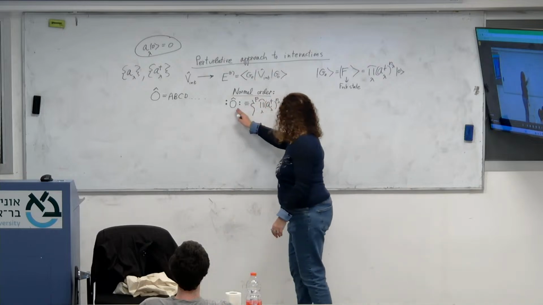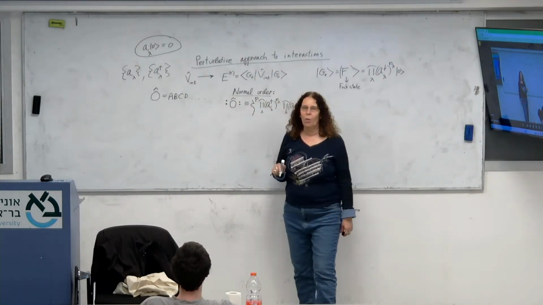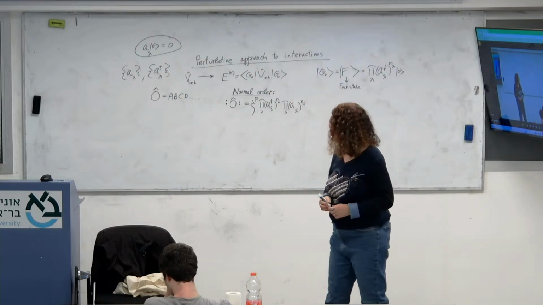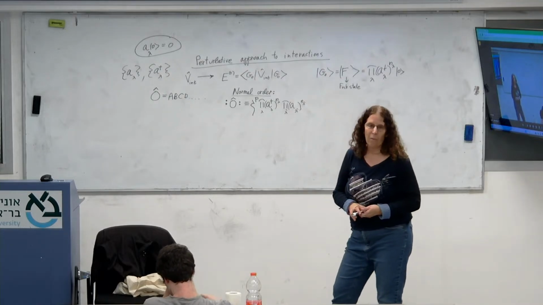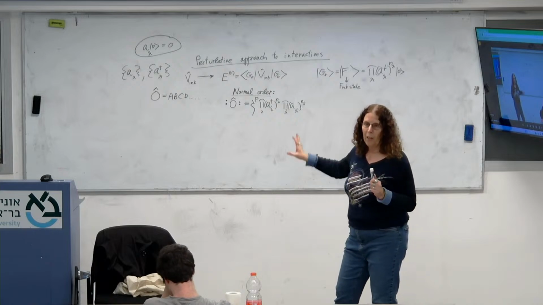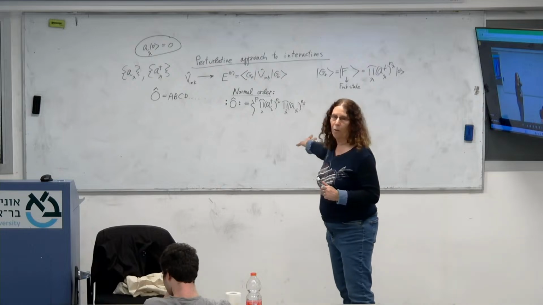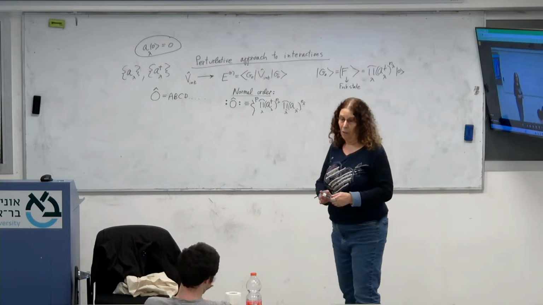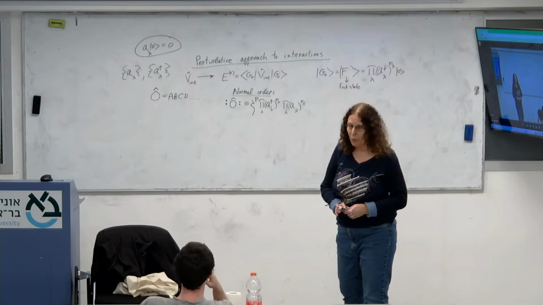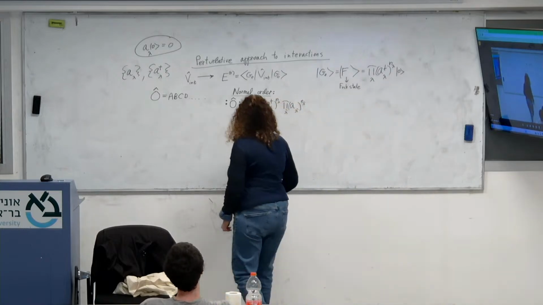Now, why do we like operators at normal order? Why are they convenient? Because by definition, they have a zero vacuum expectation value. All the annihilation operators are on the right, and therefore it annihilates the vacuum.